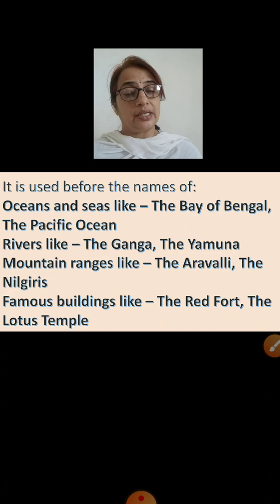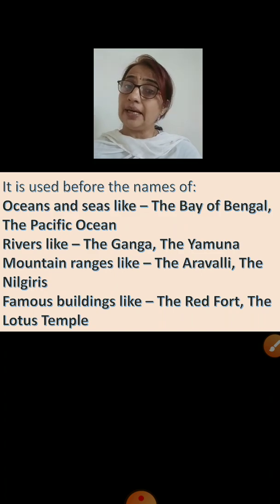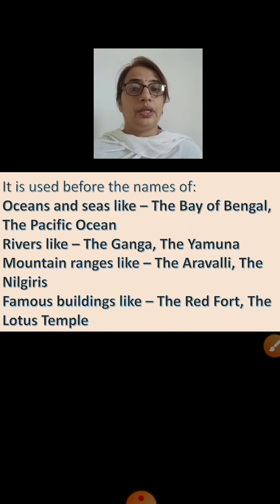Then rivers, in front of the rivers' names also we should use the definite article the, because they are unique. The Ganga. We should not say a Ganga, a Bay of Bengal. No. They are unique, so we should use the definite article the. Rivers like the Ganga, the Yamuna.